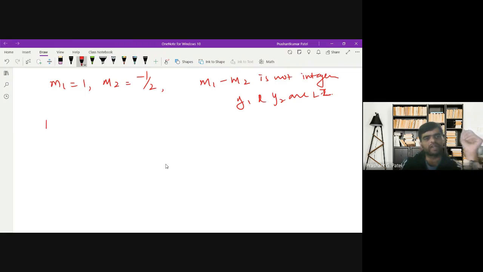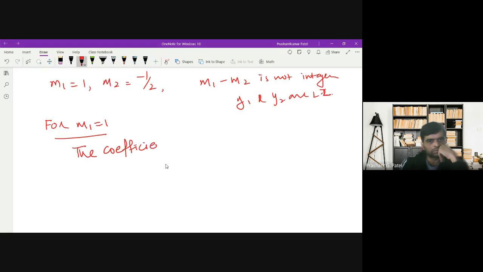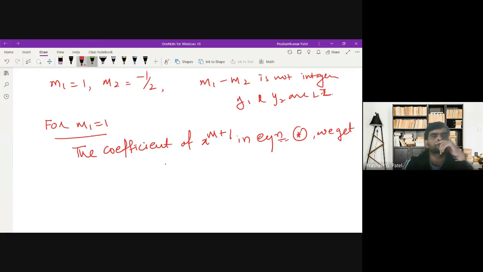So I am just writing what is the solution for m equal to 1. So for m equal to 1, the coefficient of x power m plus 1 in the above equation star we get. Let us calculate that also.